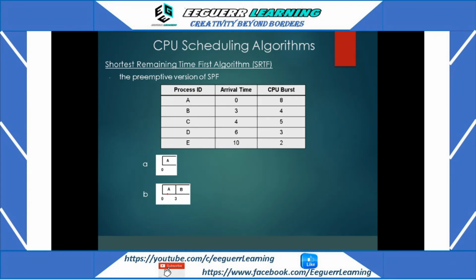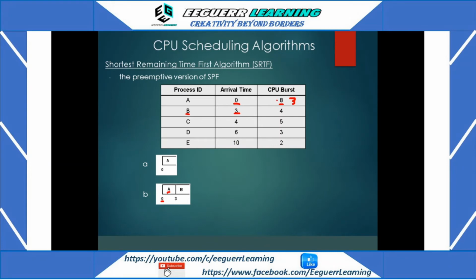From the process A, arrival time of 0 here, the CPU burst is 8, and it can only process up to 3, because after that there will be a process B arriving at 3 milliseconds.